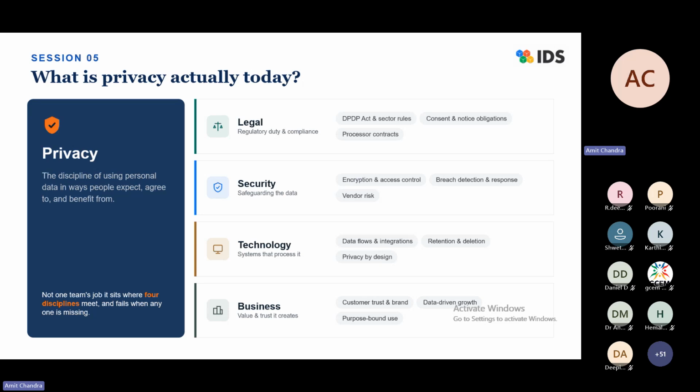All the data will be data-driven growth. Within one click, you will be able to know about the growth of the university's data, and it should be purpose driven. Okay, for what particular purpose are you collecting the data from the person, whether it is the student or the college staff.